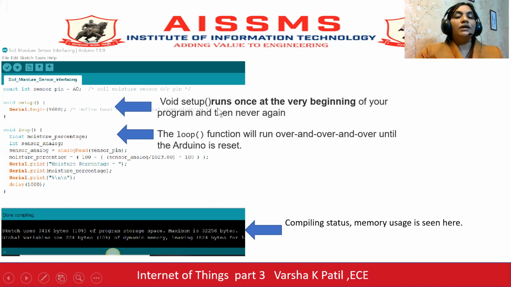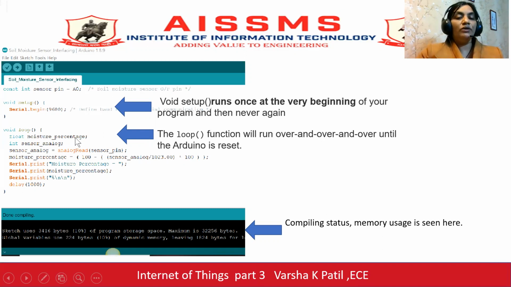Void setup is declared once at the beginning of the program or sketch, and we never use it again and again. Here it works only one time. After executing these lines, the program goes to void loop.